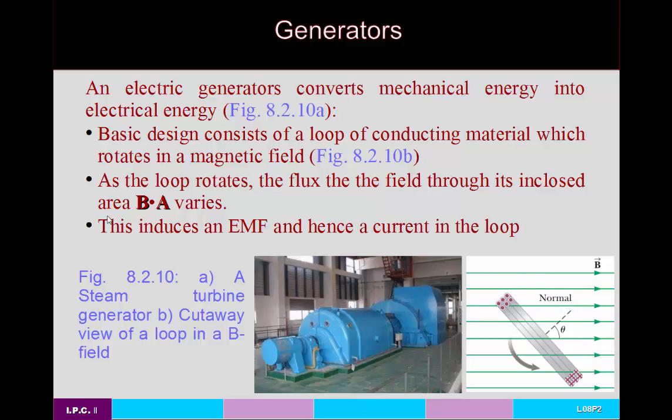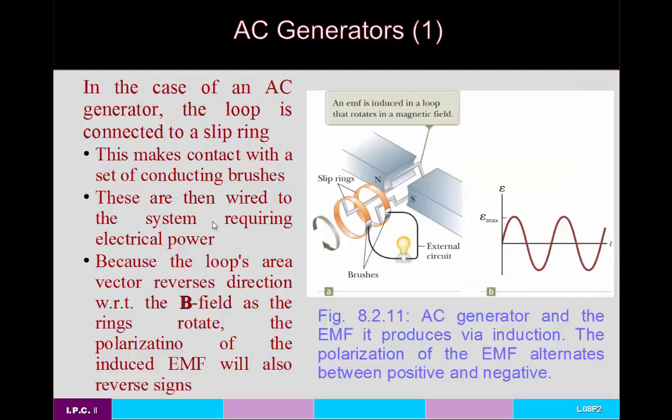That is, B dot A is going to be changing as this thing rotates because the angle theta is rotating. So this basically means that you're going to be generating an EMF and hence a current in the loop. That whole process sounds vaguely like it might be for an AC generator, although you can build both AC and DC generators. Here's what an AC generator looks like.